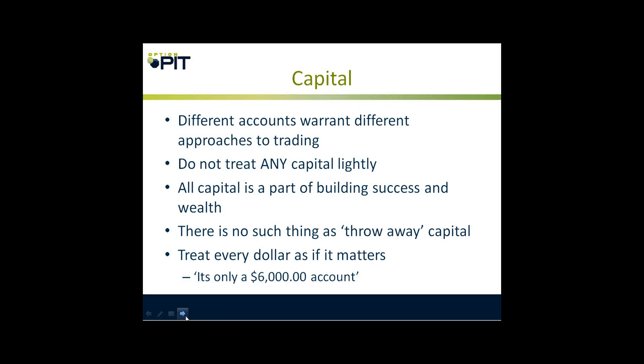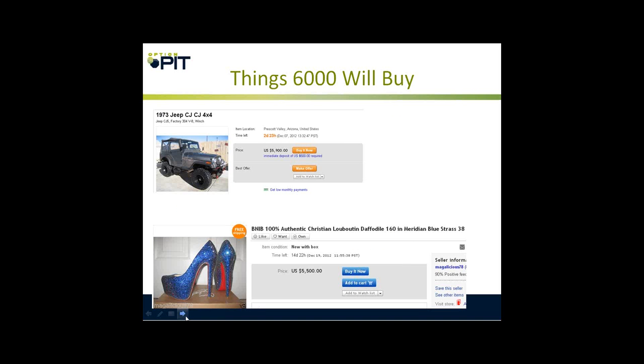One of the things I always like to talk to people about is what you can buy for $6,000. Here's a couple of examples. You can get a 1973 Jeep CJ 4x4 for $5,900 or best offer.